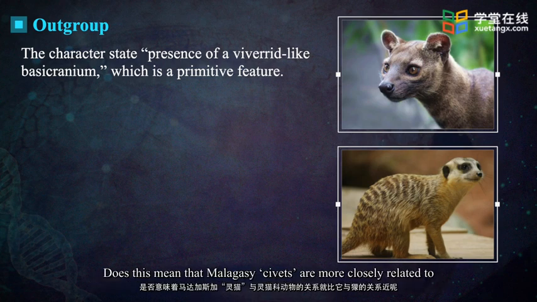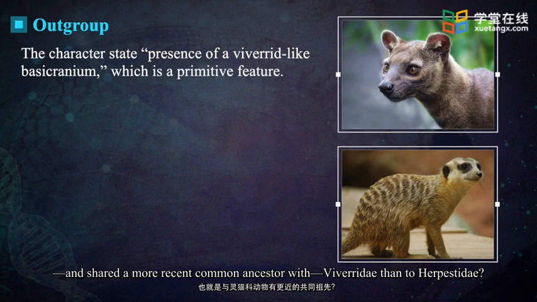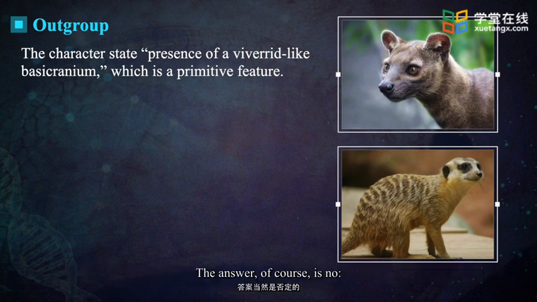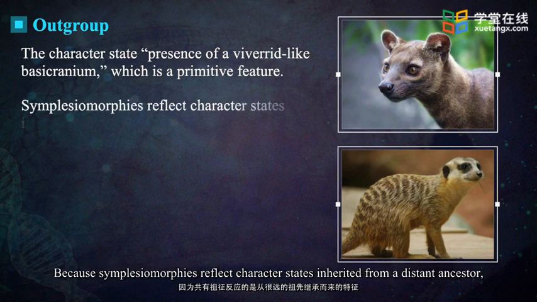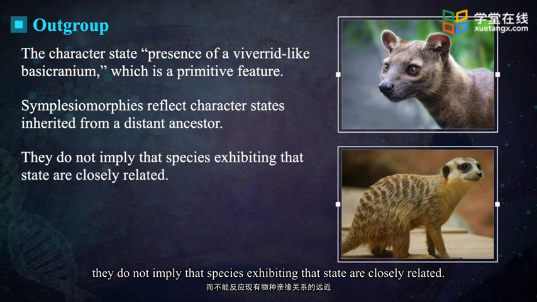Does this mean that Malagasy civets are more closely related to and shared a more recent common ancestor with Viverridae than to Herpestidae? The answer, of course, is no. Because symplesiomorphies reflect character states inherited from a distant ancestor, they do not imply that species exhibiting that state are closely related.